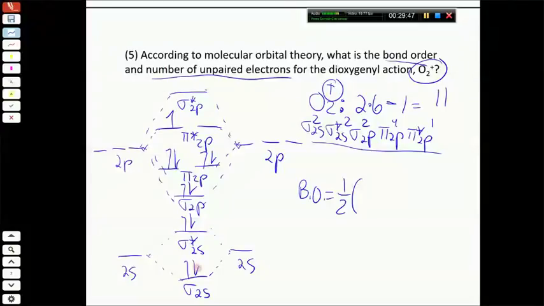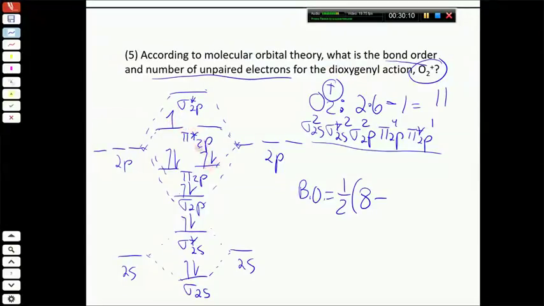We have 2 electrons in this bonding orbital, 2 more up here, 2, and then 2. So 2, 4, 6, 8 of our 11 electrons are in bonding orbitals. If there are 8 electrons in bonding orbitals, there better be 3 in antibonding orbitals because there's only 11 total. And we see that these 2 electrons in the sigma star 2s and this 1 electron up here in pi star, all 3 of those are in antibonding orbitals.